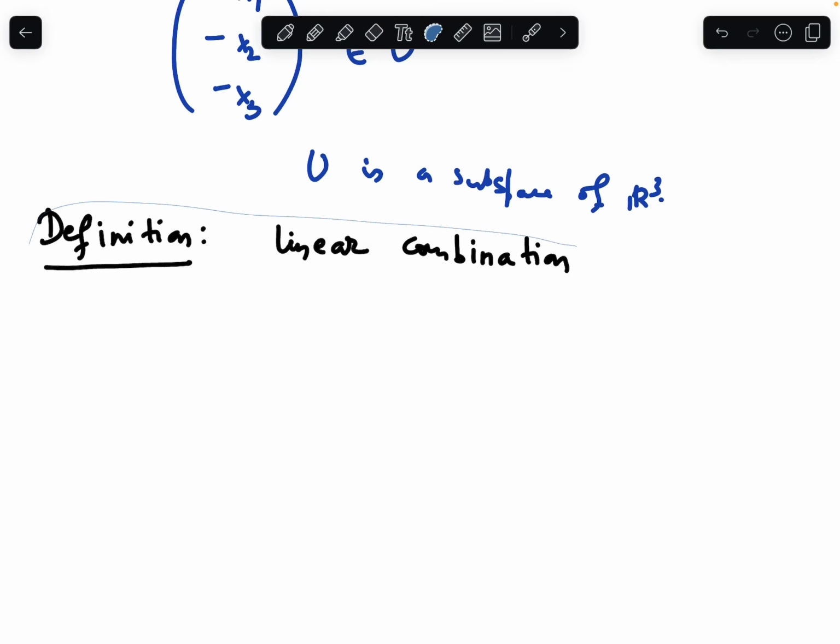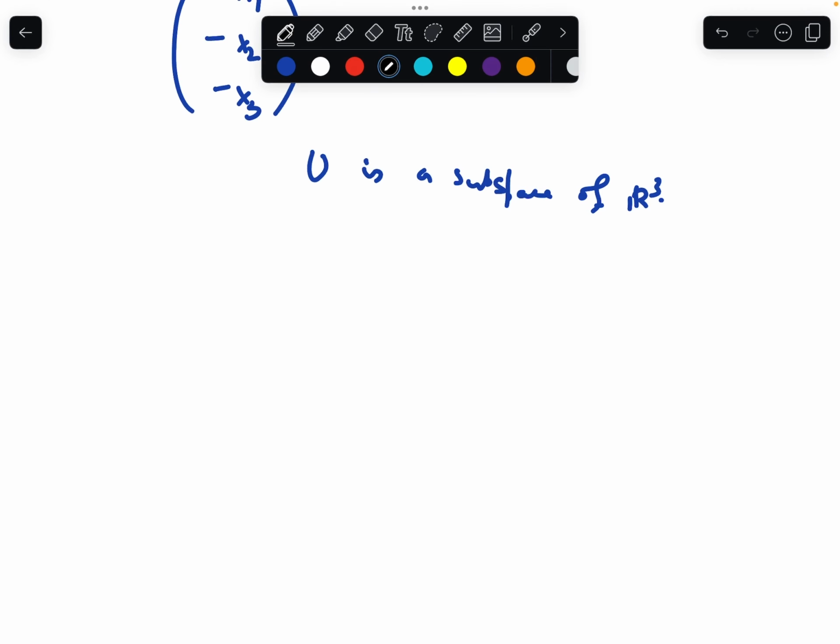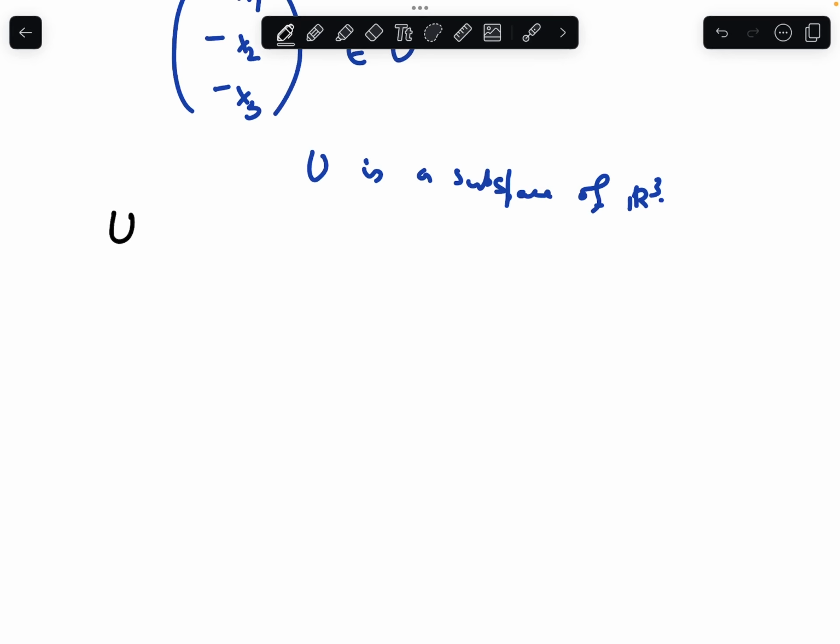Okay, so first let's simplify the condition for subspace a little bit. So how do we know if U is a subspace of V?